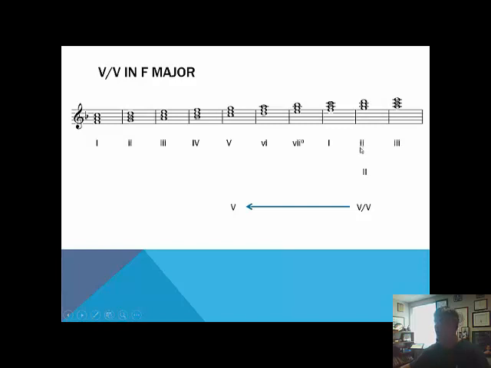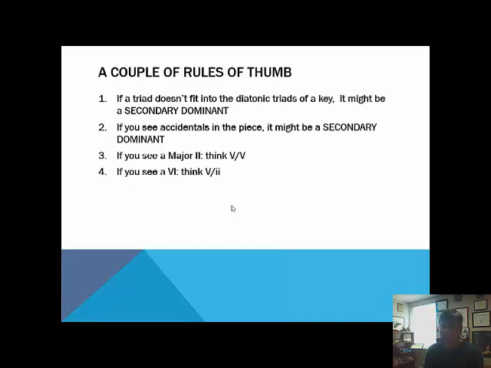Well, if we sort of temporarily think of this as the 1 chord and we count forward 1, 2, 3, 4, 5, we can see that temporarily this 2, when it's in the major mode, could be the 5 of 5 temporarily. Now we'll know it's a secondary dominant because it doesn't stay in that key. It just gets there pretty quickly.